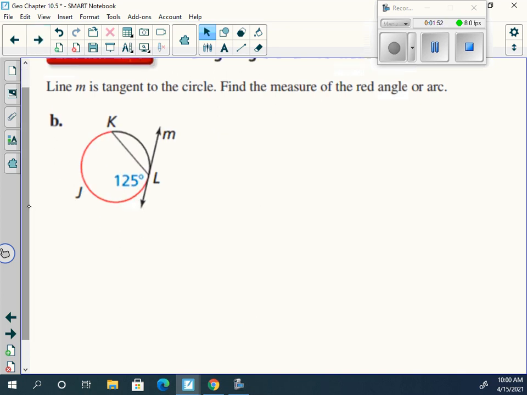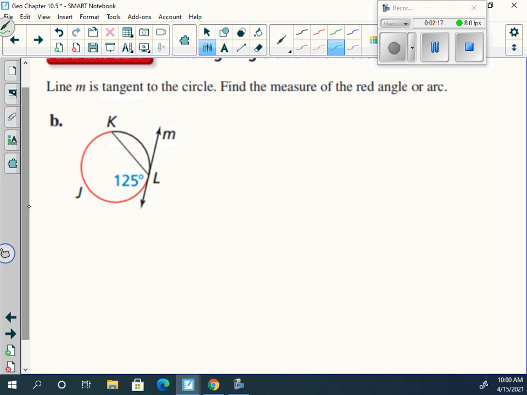So let's look at this one here. Now this time they didn't give us the measure of the arc, they gave us the measure of the angle. Now we said if we're given the angle, it's equal to half the measure of the arc.